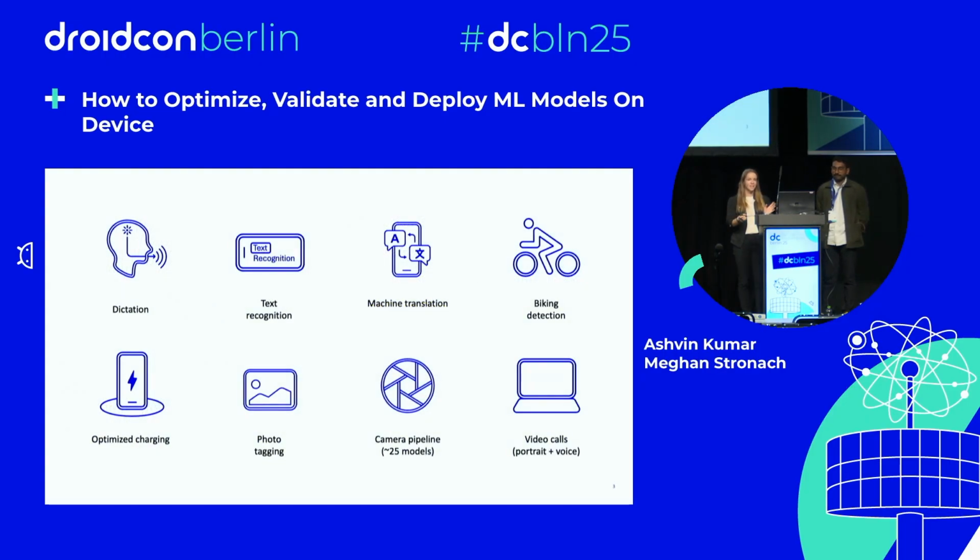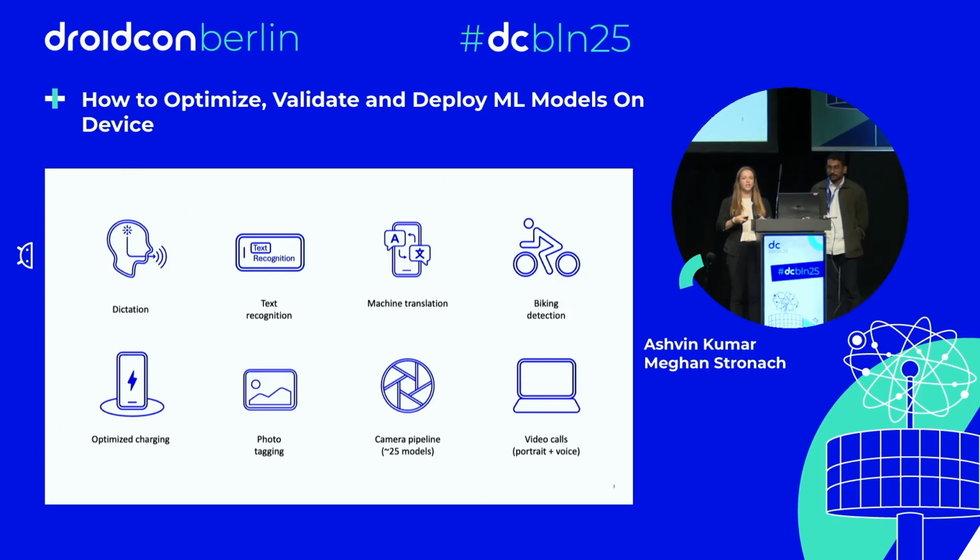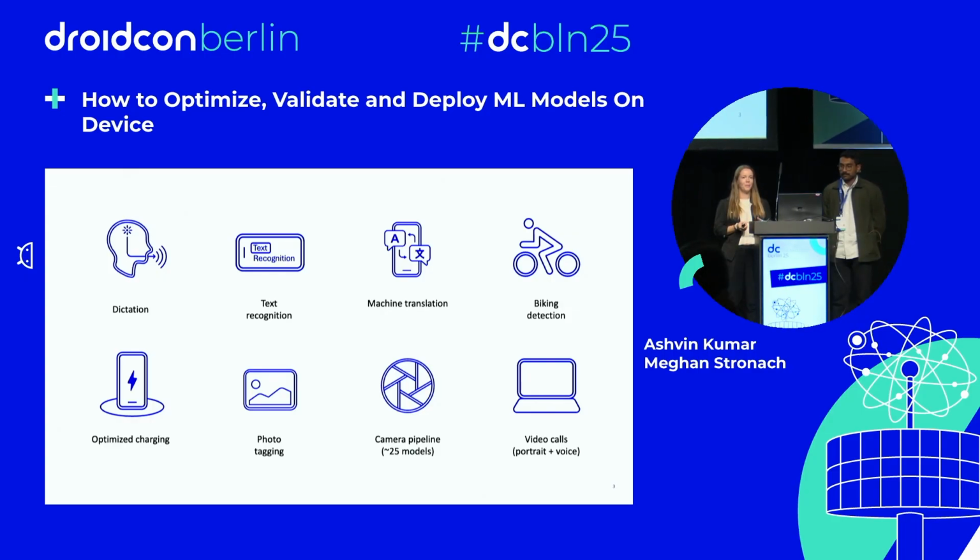So first up is why on-device AI? We know that there are AI experiences all around us. Of course, AI is becoming more and more popular, whether that's text-to-speech on your phone or taking a photo and ML models running in the background to make sure that the photo turns out just right. Even chatbots are becoming popular in pretty much every app these days.